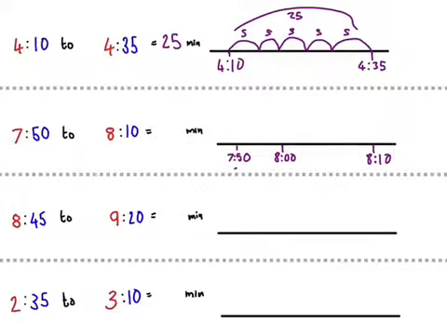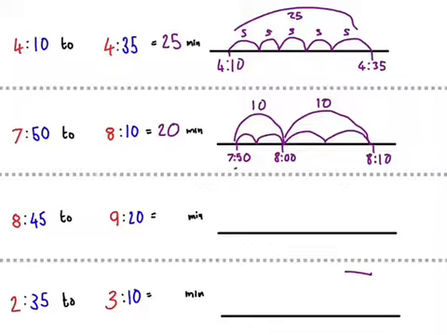So, to get to 8 o'clock, from 7:50, 50, 55, 60. So that jump is 10 minutes. And I need to get from 8 to 8:10. 5, 10. Well, that jump is also 10 minutes. 10 add 10 is 20. The duration of that was 20.